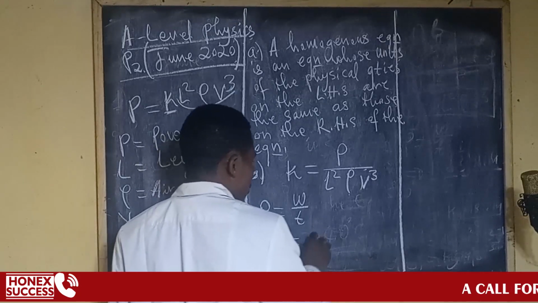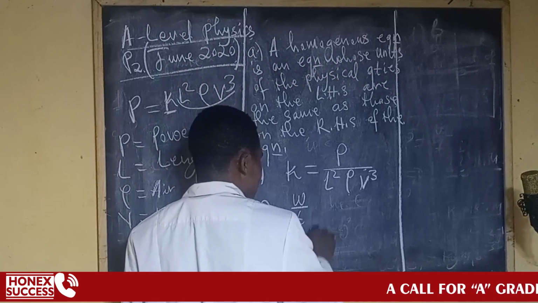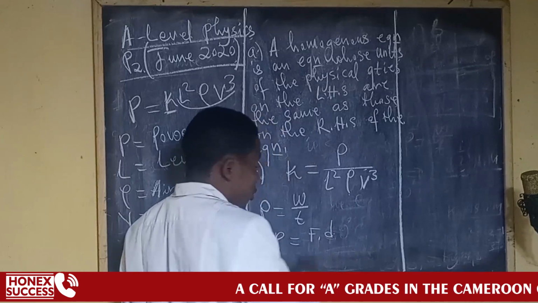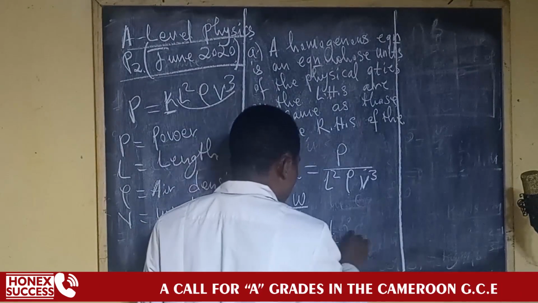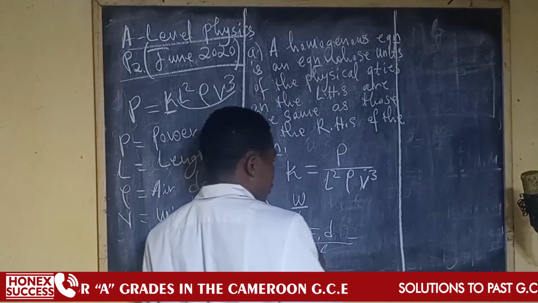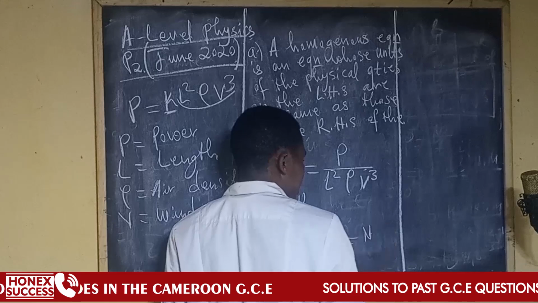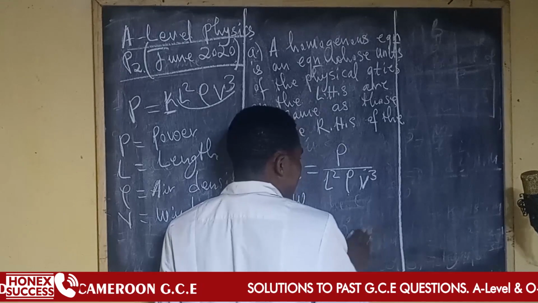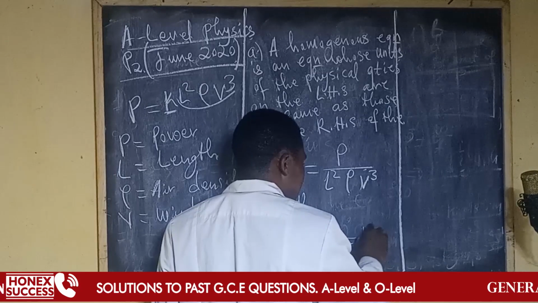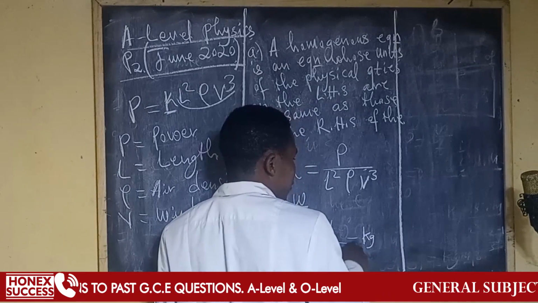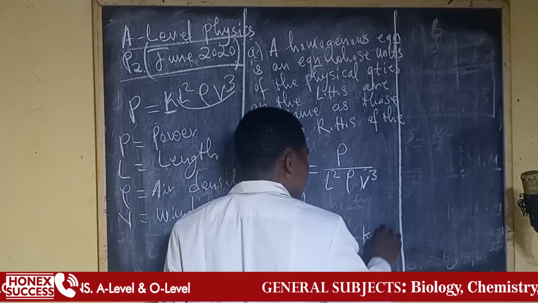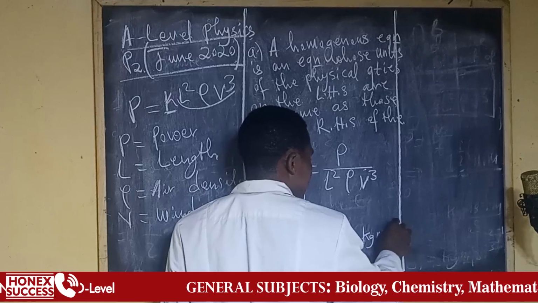Force is measured in Newton, and the Newton is defined as the force that gives a mass of 1 kilogram an acceleration of 1 meter per second squared, multiplied by the unit for distance, which is meter, all over the unit for time.